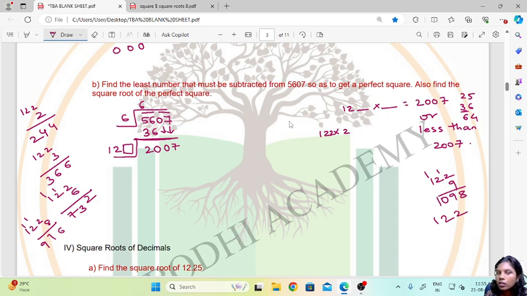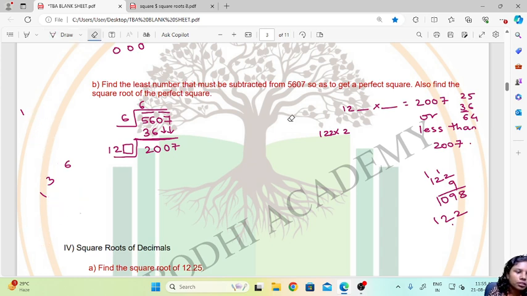Okay, so yeah, we have done one mistake here, sorry. So we have to take 1 2 3 into 3. So 3 3s is 9, 3 2s are 6 and 3.